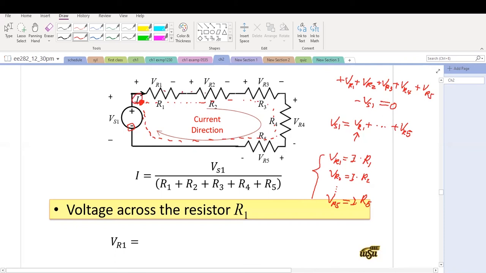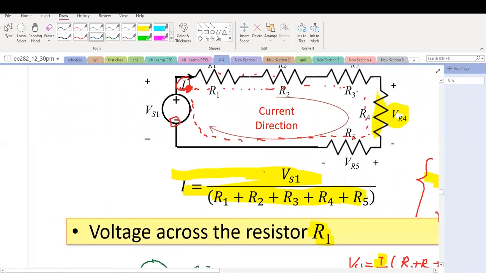So therefore we have the same current here. If we plug everything in, I'm going to write it down. Plug this term in, this term in, and this term in here, and then we're going to have VS1 equals I, R1 plus R2 through R5. So I take out this quantity I here. What is I? I equals, you do the division here, that equals this.